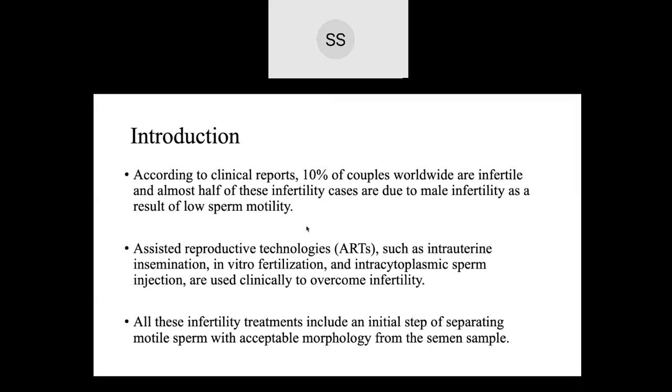Assisted reproductive technologies have made it possible for these couples to achieve fertility. However, these treatments are expensive, and the initial step for these procedures is selection of sperm cells based on morphology, motility, and a good DNA fragmentation index.